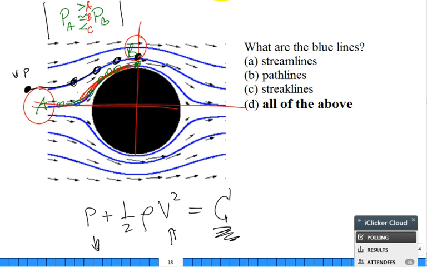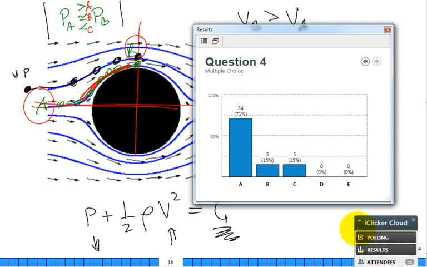Let's go back. What did we say about the velocity at B? Isn't it greater? Didn't it speed up? It sped up. So the pressure at B is not greater, it's less than the pressure at A. This is correct.